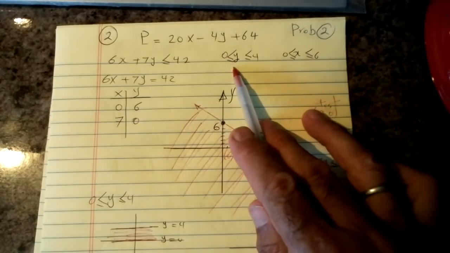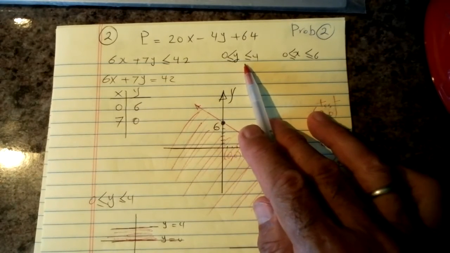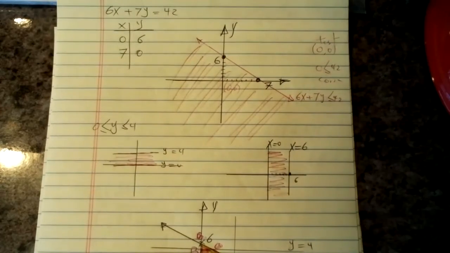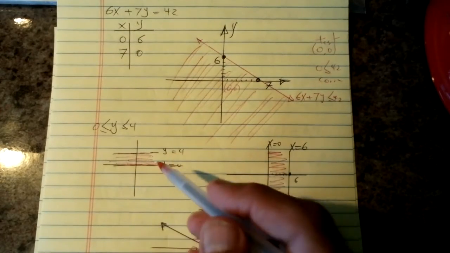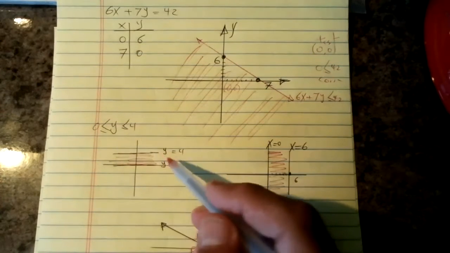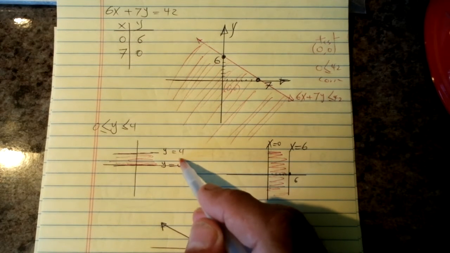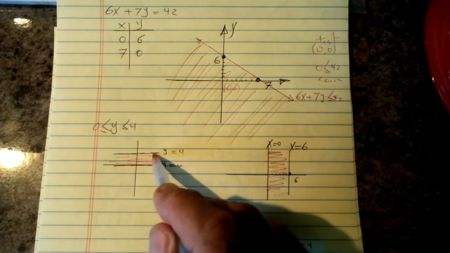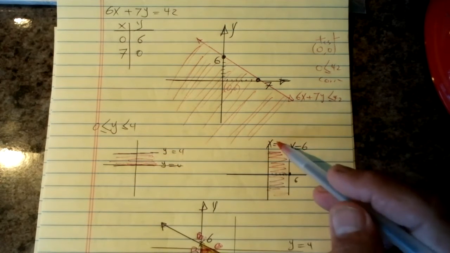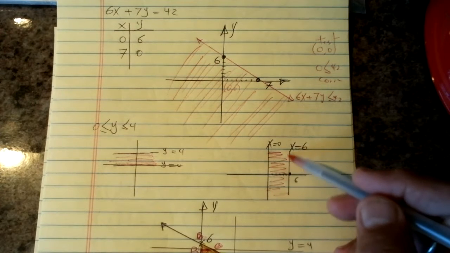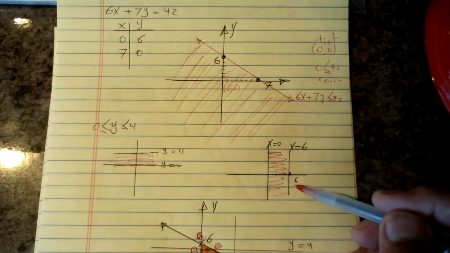Now, y equals 4. Remember, the line y equals 4 is a horizontal line. And y has to be between the line y equals 0 and the line y equals 4. So this is the shaded part. X is between 0 and 6, so x is the area between these two vertical lines.